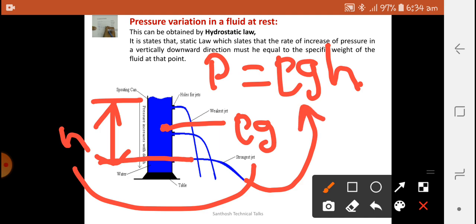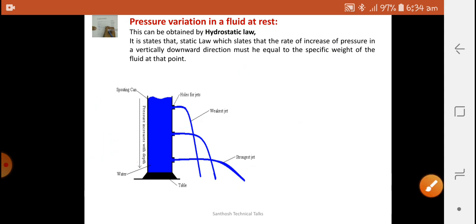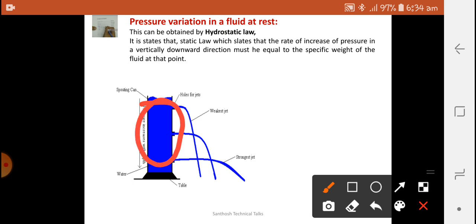We know that when a column has several holes, the jet of water at the bottommost point is the strongest, because the whole weight of the fluid is acting in the downward direction. Therefore, the bottom hole will have a stronger jet than the other holes.